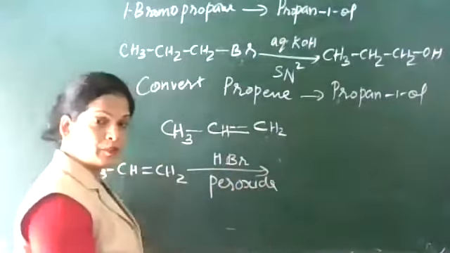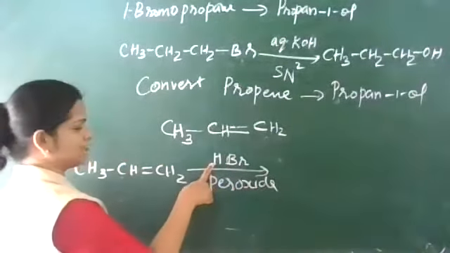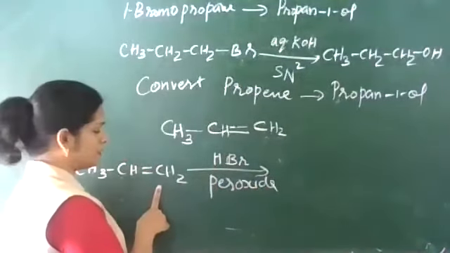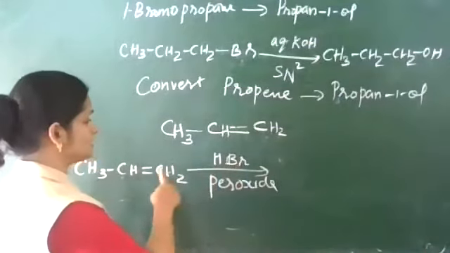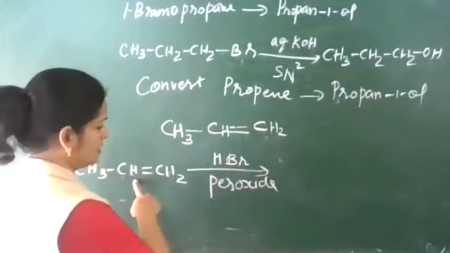So you will be getting 1-bromopropane. Hydrogen of the hydrogen halide is added to the more hydrogenated carbon in Markovnikov addition, and halogen to the less hydrogenated carbon.